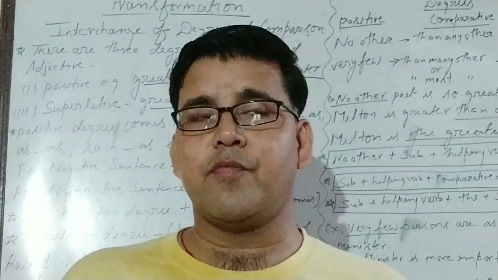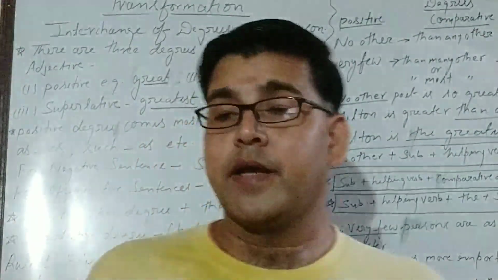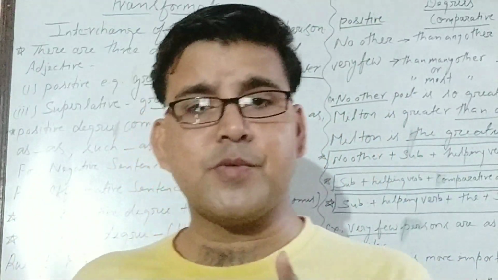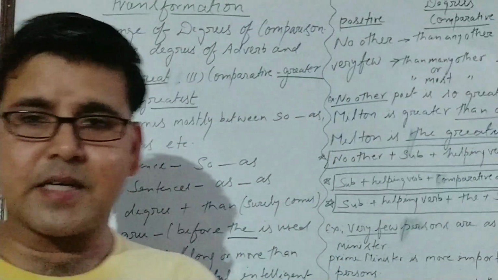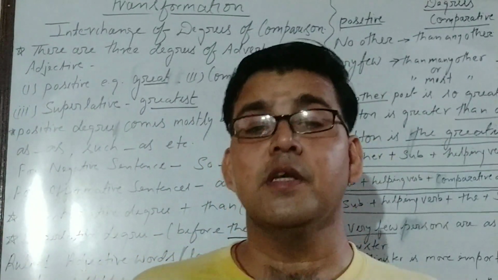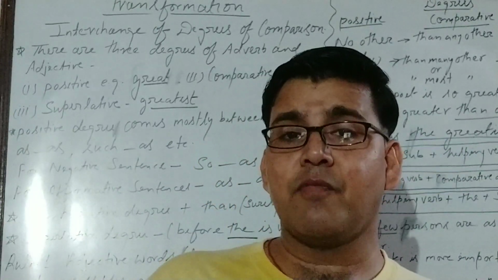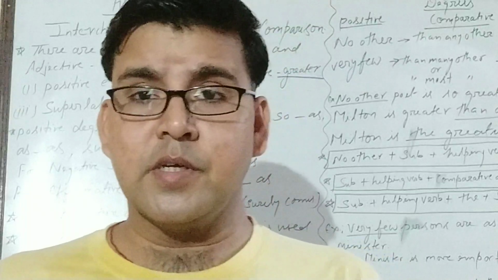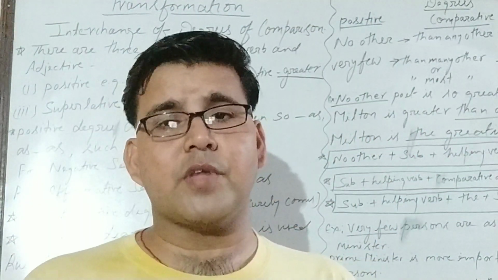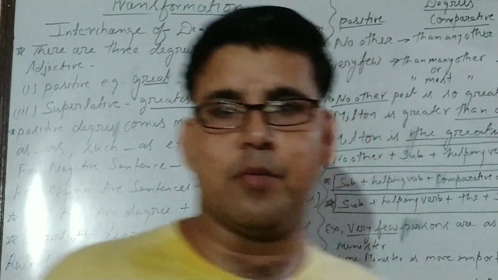If I change it into comparative, then I have to say more beautiful. In superlative, most beautiful. So remember, for long adjectives or those with 2 syllables, we use more and most in making the second form, comparative, and the third form, superlative.